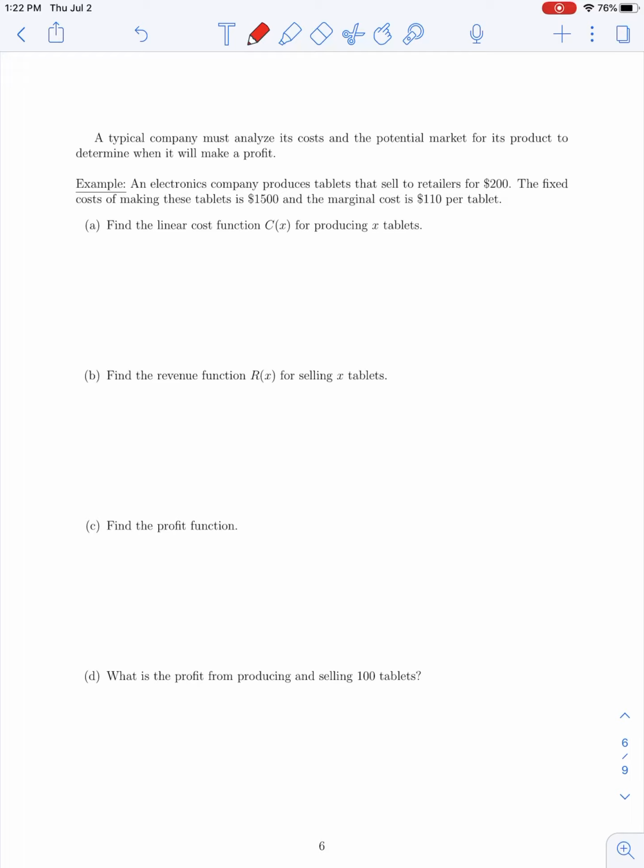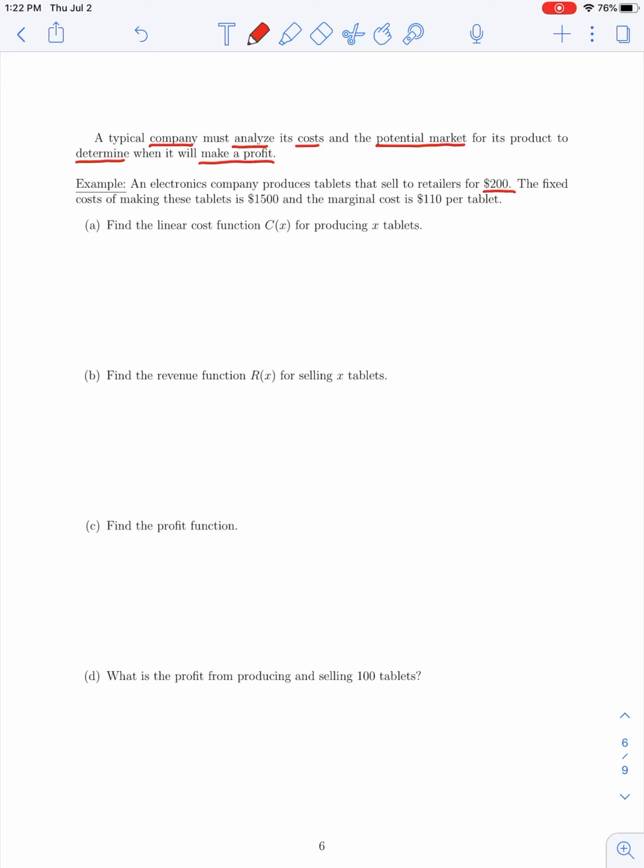So let's look at another example now, making use of a profit function. Typically, a company will need to analyze its costs and the potential market for a given product to determine whether it will make a profit. Here, let's assume that we have an electronics company which is producing tablets which are sold to retailers for $200 each.